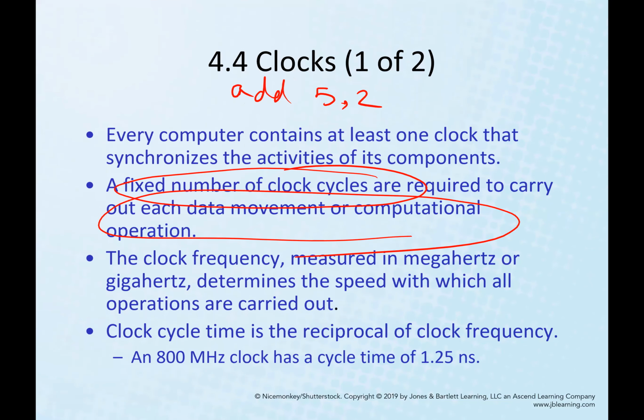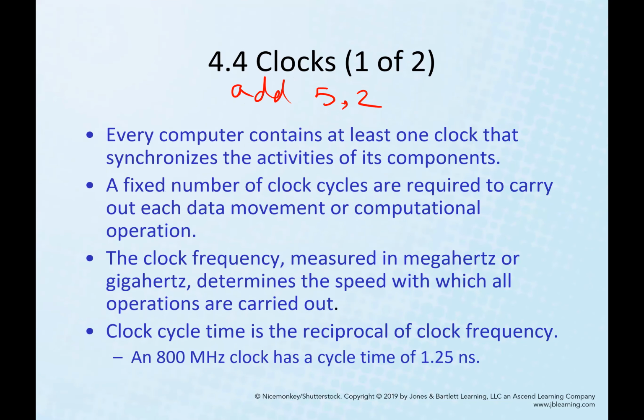And each clock has a parameter called the clock frequency, which is measured in megahertz or gigahertz. Of course, nowadays it's gigahertz. It determines the speed with which all operations are carried out. Why? Faster clocking, faster operation.